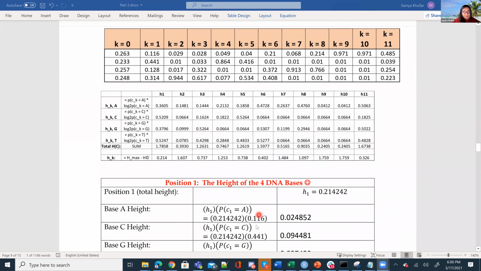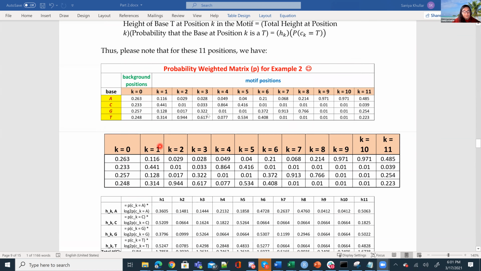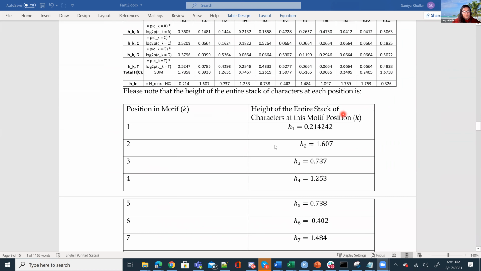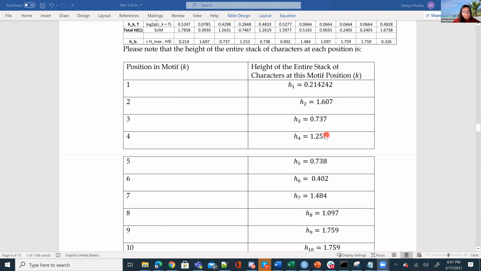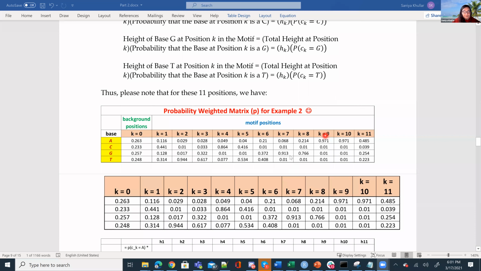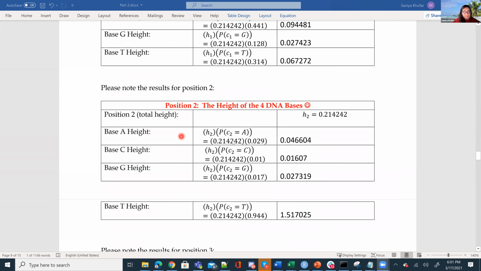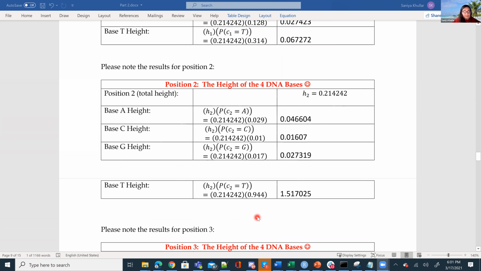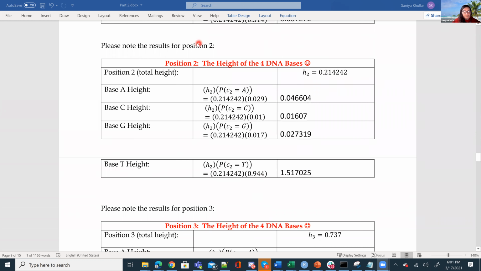So that's where this comes from, times this height value we got from here. And again, that's what we can also see here, 0.214242. So that's how we get these height values. And we do the same for the second spot: take the heights and multiply by the probabilities of each of the respective bases in that spot of the motif. And this K is 2 in this spot right here. Here, K equals 3.